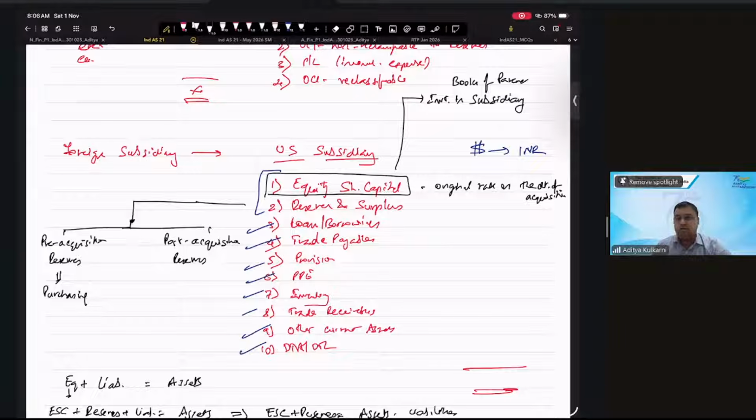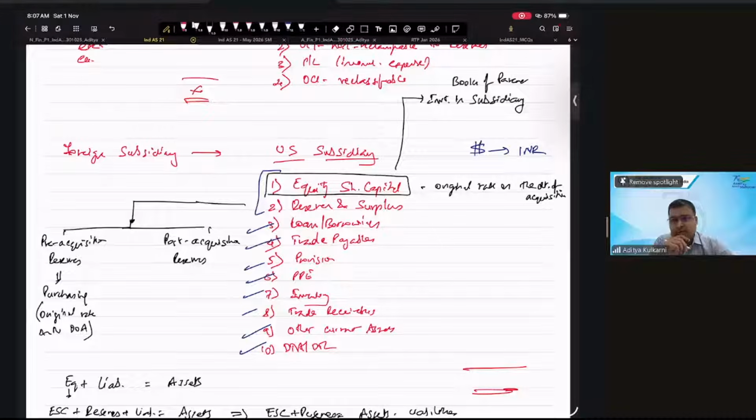That means if I'm converting equity capital at the rate on the date of acquisition, similarly, the pre-acquisition reserves also I should convert using the original rate on the date of acquisition. Yes or no?